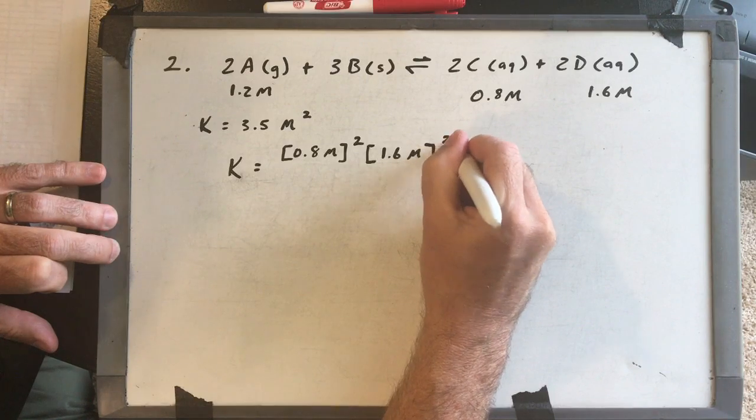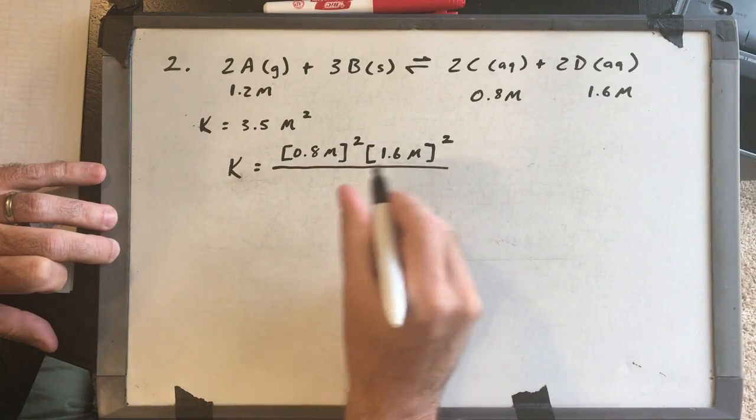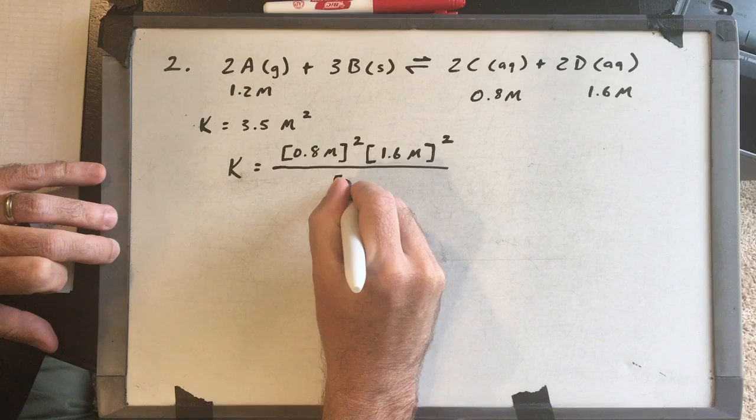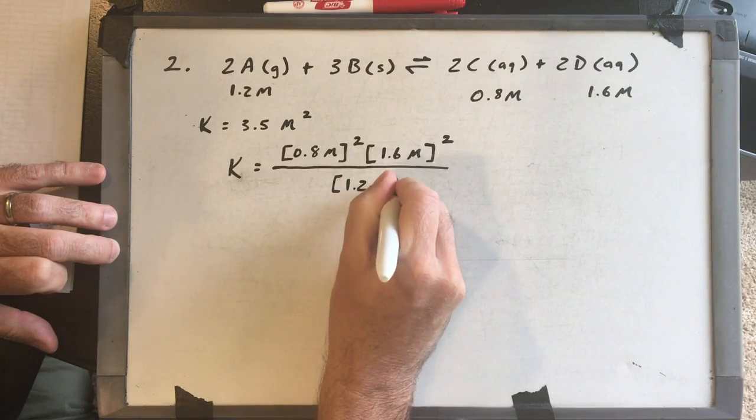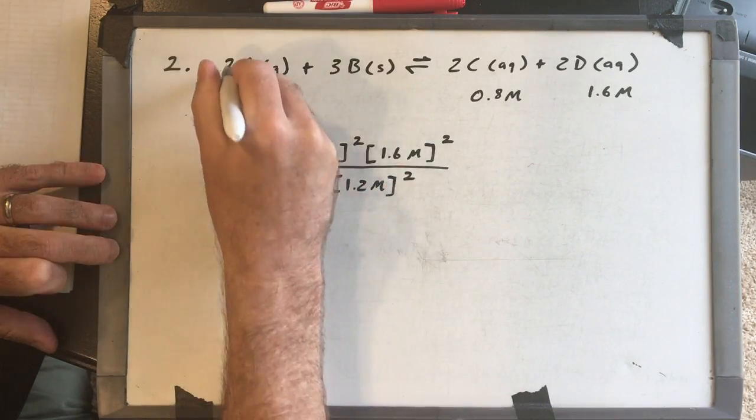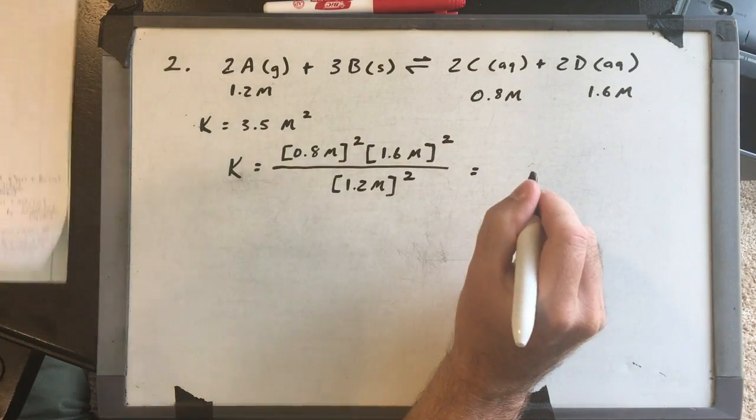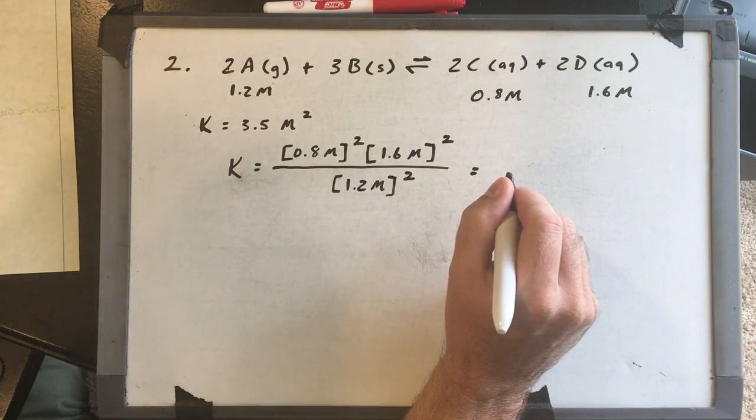That's going to be squared because of the coefficient of 2. And then the concentration of A, which is 1.2 molar, and that's going to be squared because of the 2 out front.